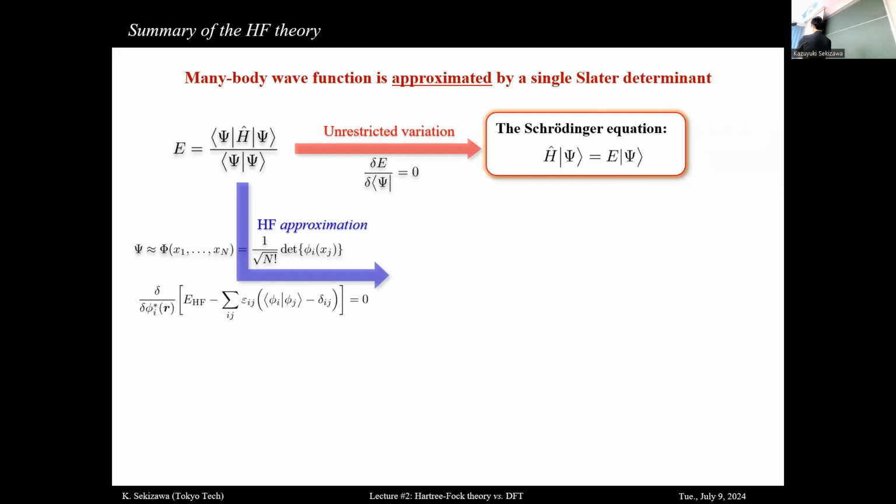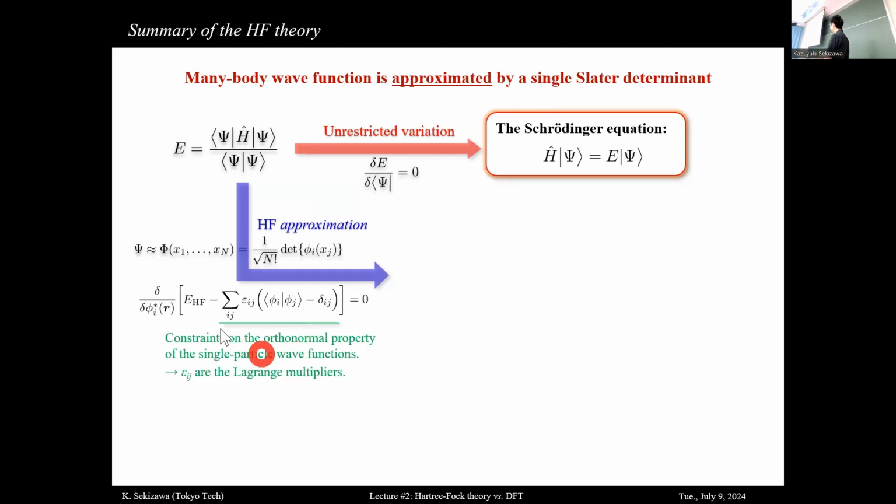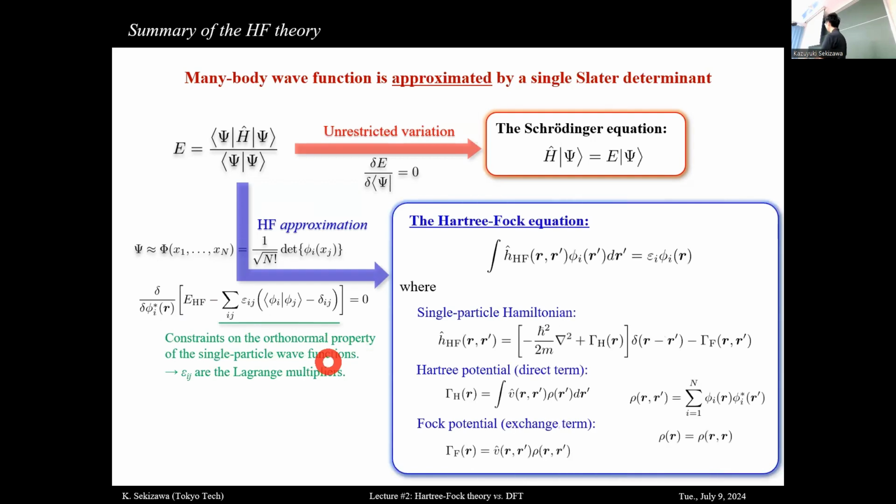In Hartree-Fock theory, we assumed that the many-body wave function is given by the Slater determinant, represented by phi. After variation, here I put a Lagrange condition with the Lagrange multiplier epsilon to make sure that the single particle functions are also normalized to each other. But anyway, you can perform this variation and get the Hartree-Fock equation.